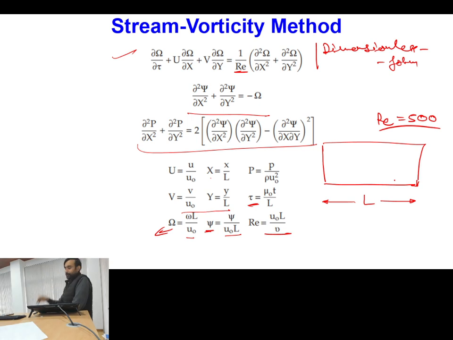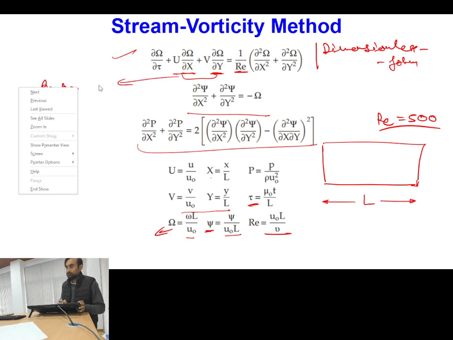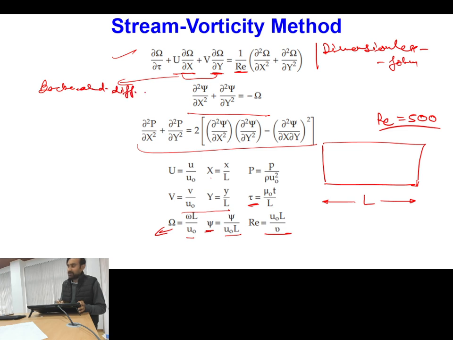Okay, what you need to do is, you need to first discretize these terms. You know this is the convection term, so use a backward difference scheme for this term, and for these terms go for the central difference scheme.